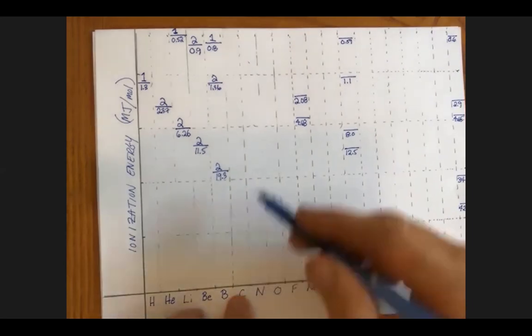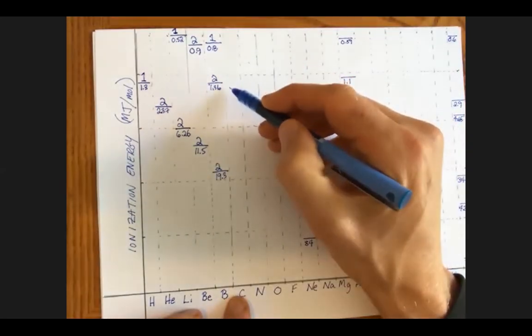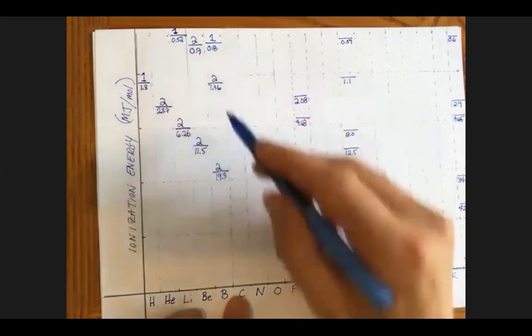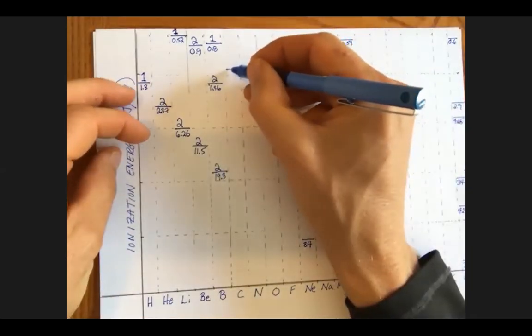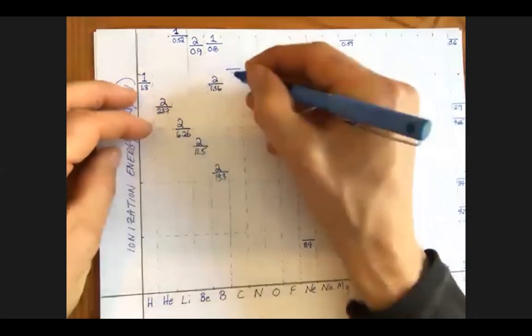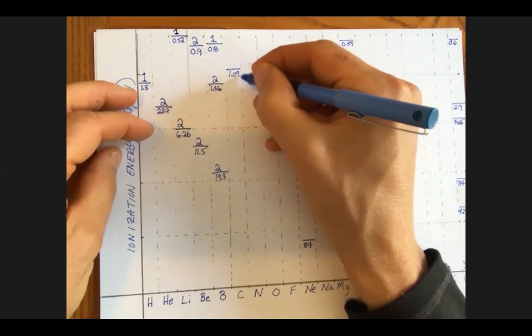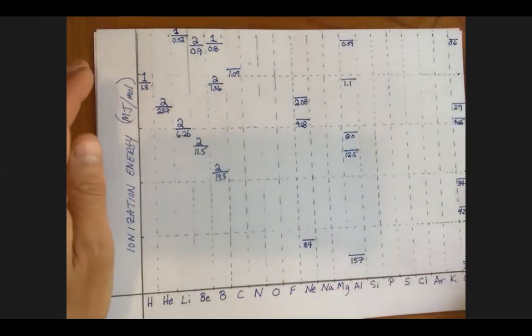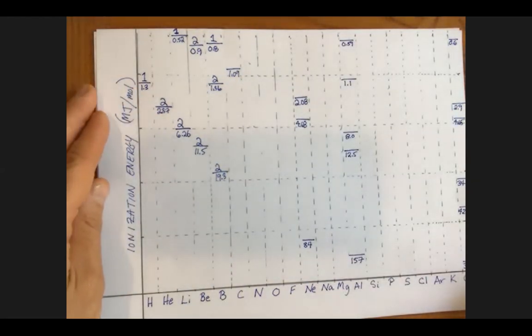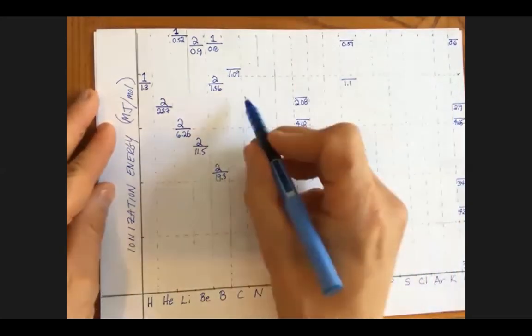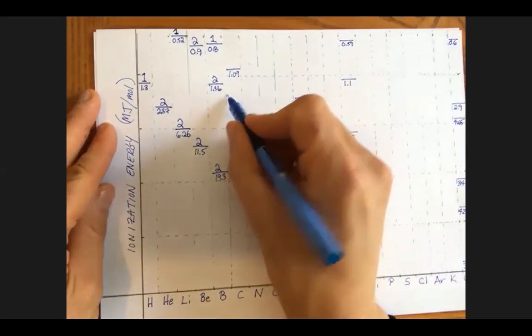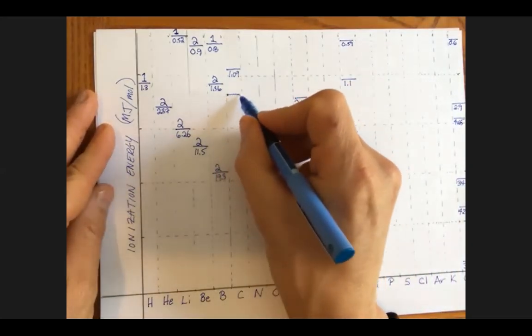So 1.09 here is 136. I've got a 1.01 here, so I'm going to go about there for 1.09 for carbon. And then I've got another one at 1.72. Here is 2.08, so maybe just a little above that.